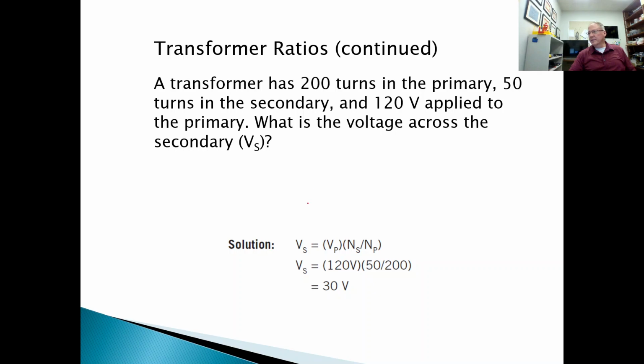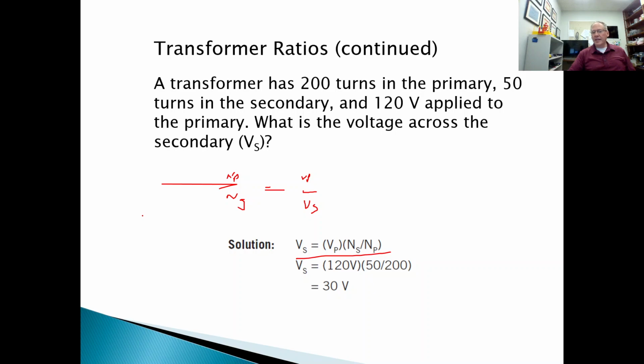So like the textbook shows it all this, but what I would like to see is start with NP over NS equals VP over VS, and then cross multiply and divide, or solve for your unknown and then do it. This just kind of starts with, well, VS equals VP times NS over NP, and you're like, where did he get that?